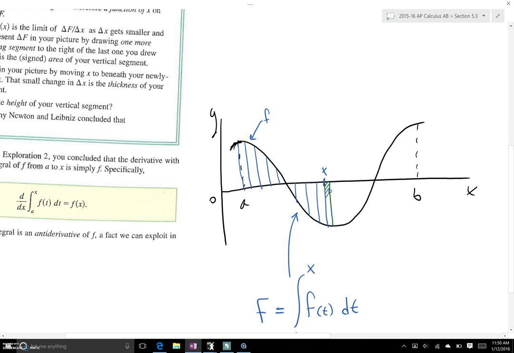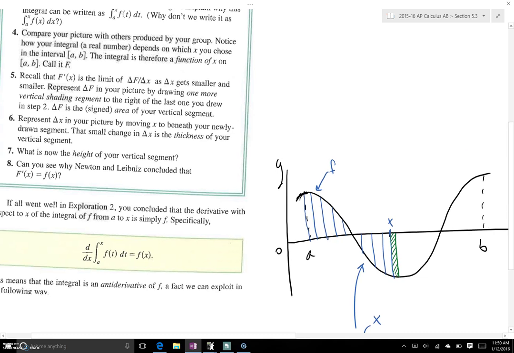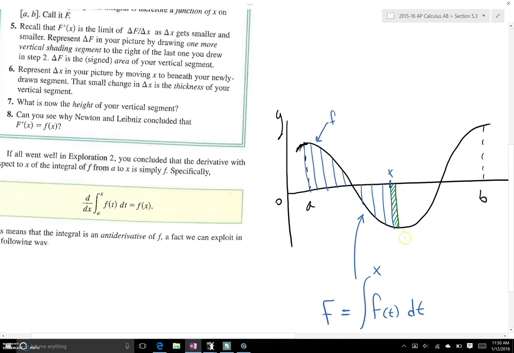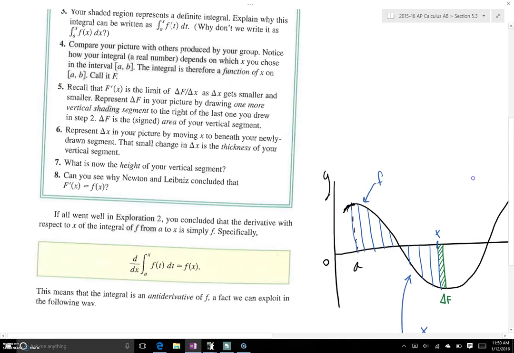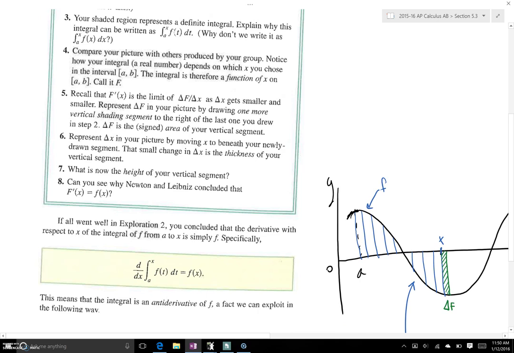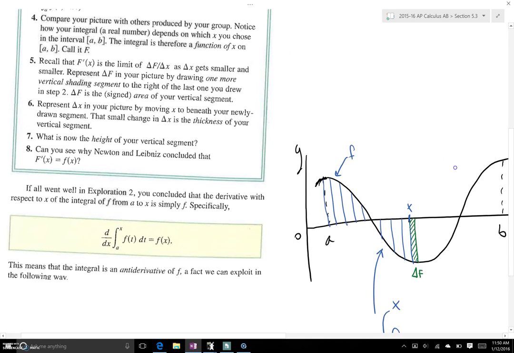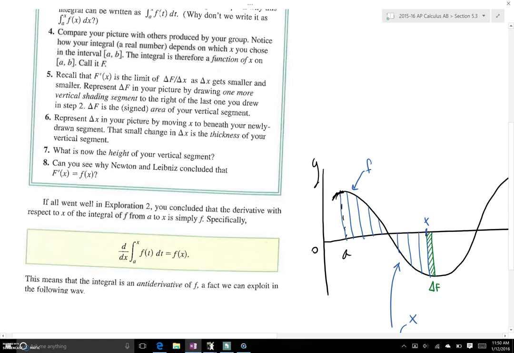We'll shade that in for clarity, and we're going to label that as delta F. Okay, and that's the signed area of that vertical segment that we've got. So it's going to be this negative area.